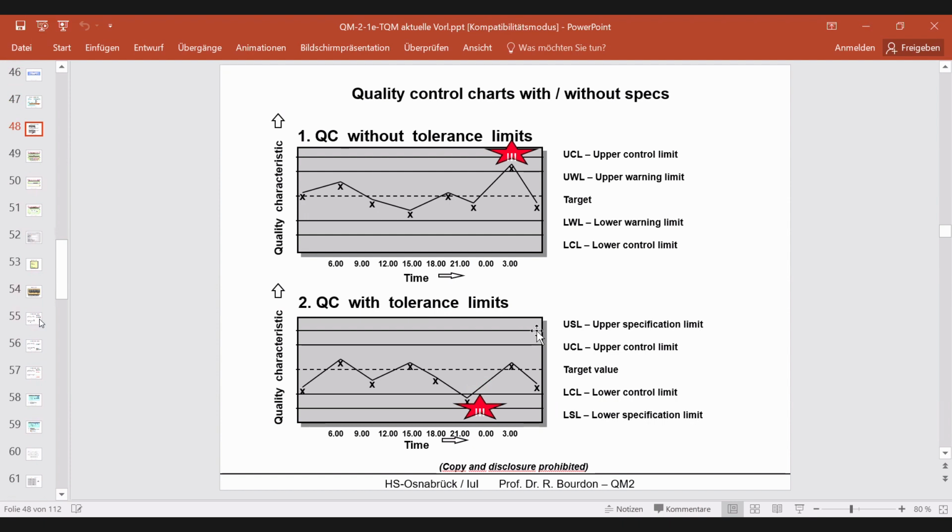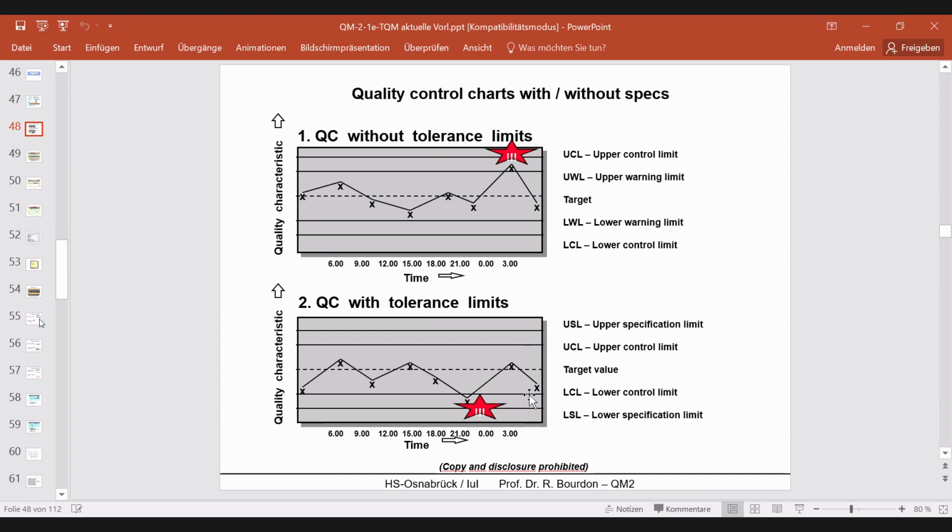So you have the specification limits outside and the control limits inside. The goal is to keep the process inside the control limits. If there is a measurement outside the control limits, you must do an optimization on the process to bring the quality in the area between the two control limits.